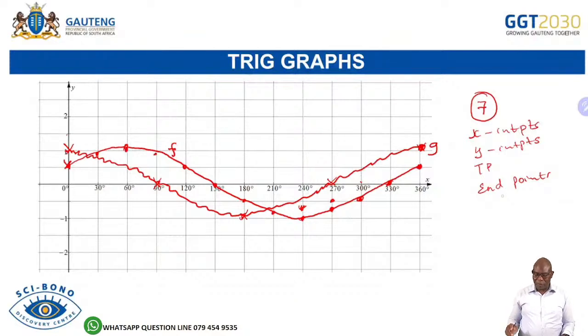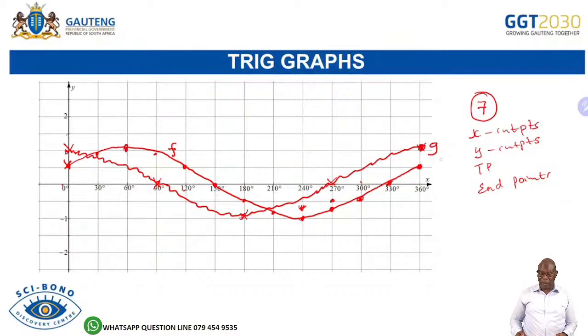You can take the graph of y equals sine x plus 30 and start substituting. You can start at 0, then you go to 60, you get to 120, doesn't matter. But make sure that your points are not very far apart. If you substitute 0 and then 180 and then 360, when you join those points, you're not going to get the bottom part.